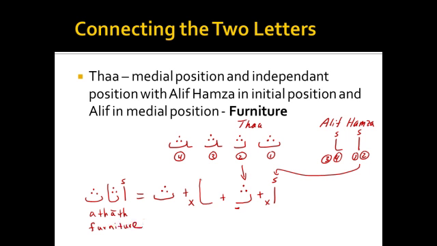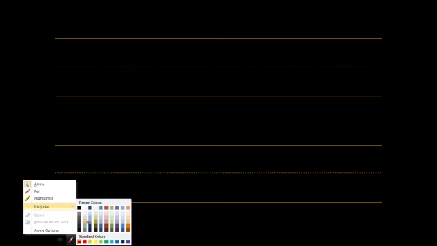Okay, let's write this a couple of times. I'm going to change to yellow here. So here we have the word أثاث. I'm going to write my Alif Hamza, Thaa, 3 dots, and Thaa again. أثاث.